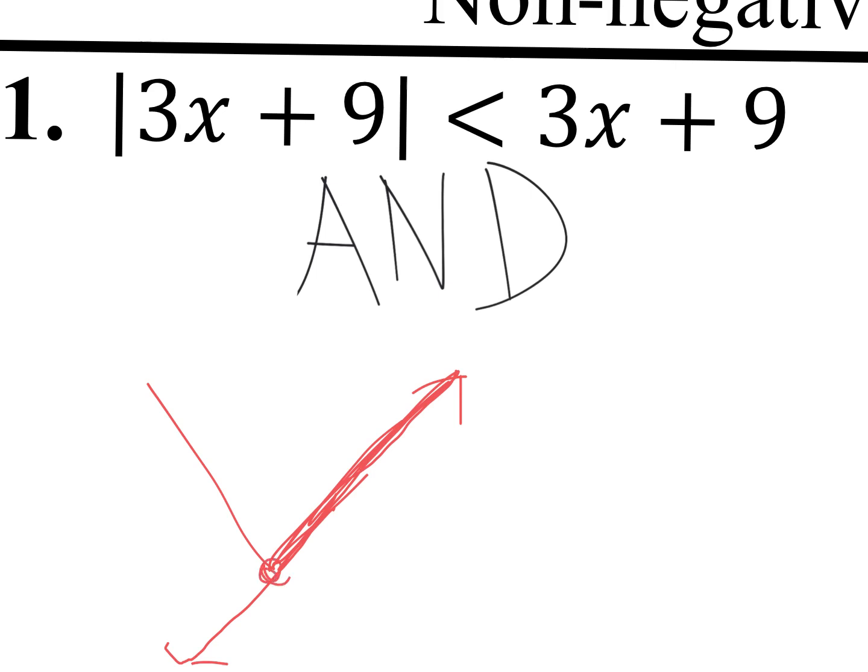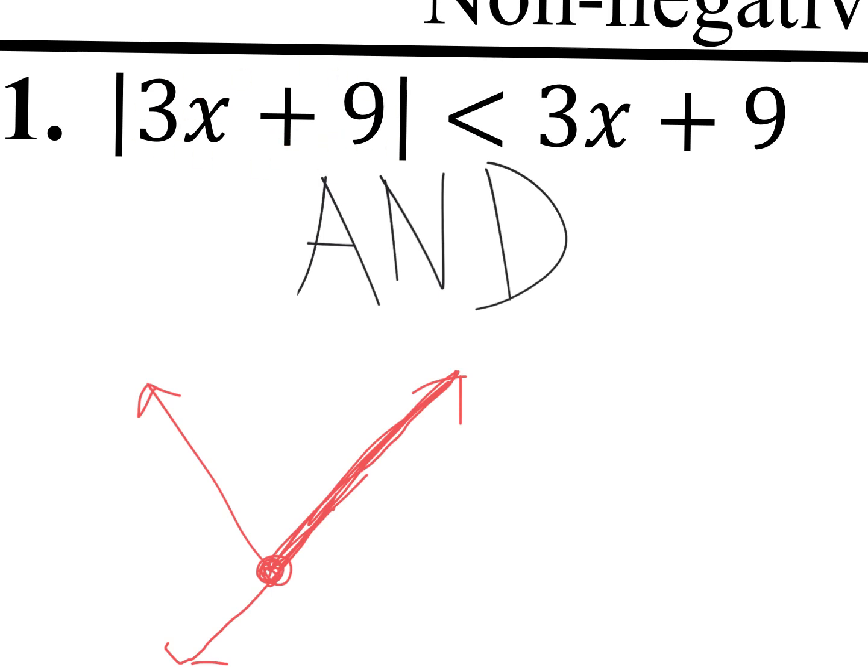So imagine this point being where it equals 0. And then once it goes below 0, the linear side will go negative, but the absolute value side will end up going positive.